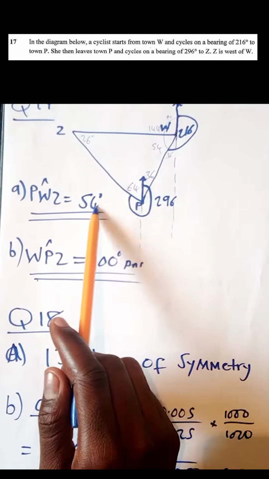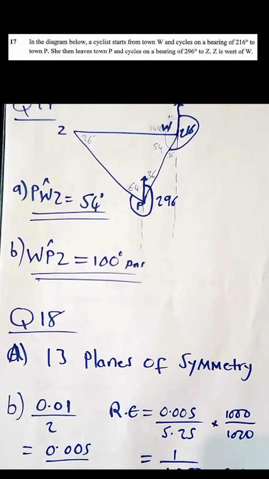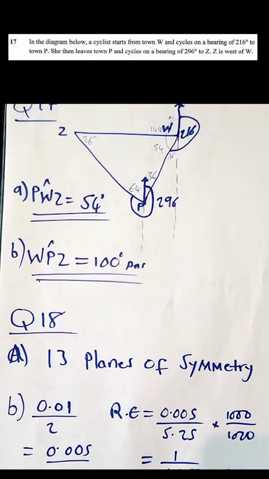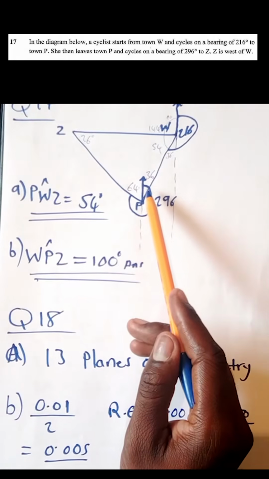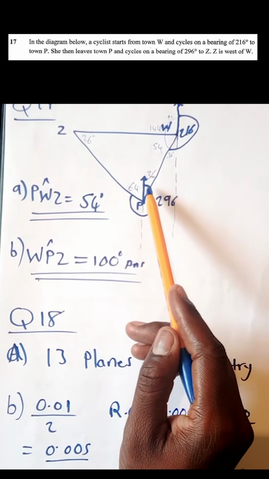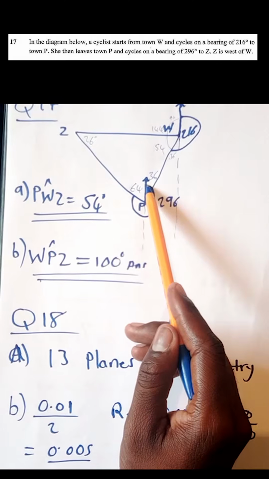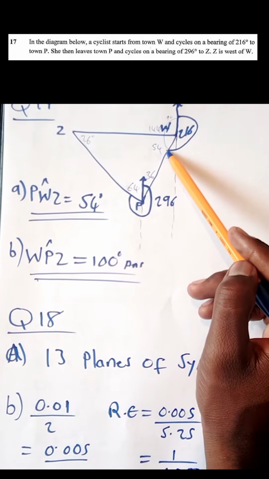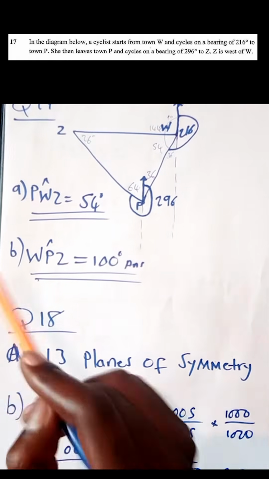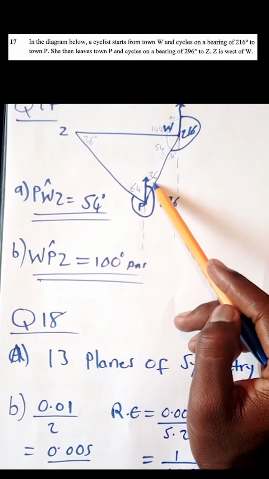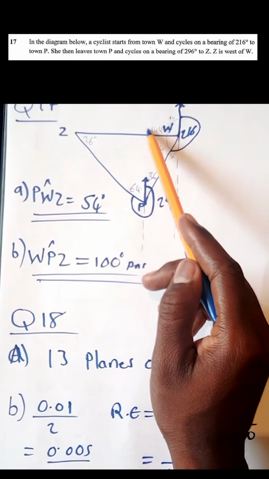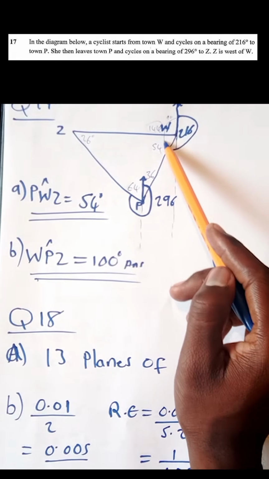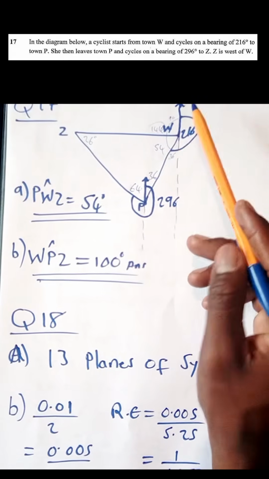But how can we get the 54 that is there? In order for us to get the 54, we know that the angle which is here, 36, plus the angle which is here, we need to get 180. So from 180, when we subtract 36, we get 144. So the whole lot here is 144. But we don't want the 144.